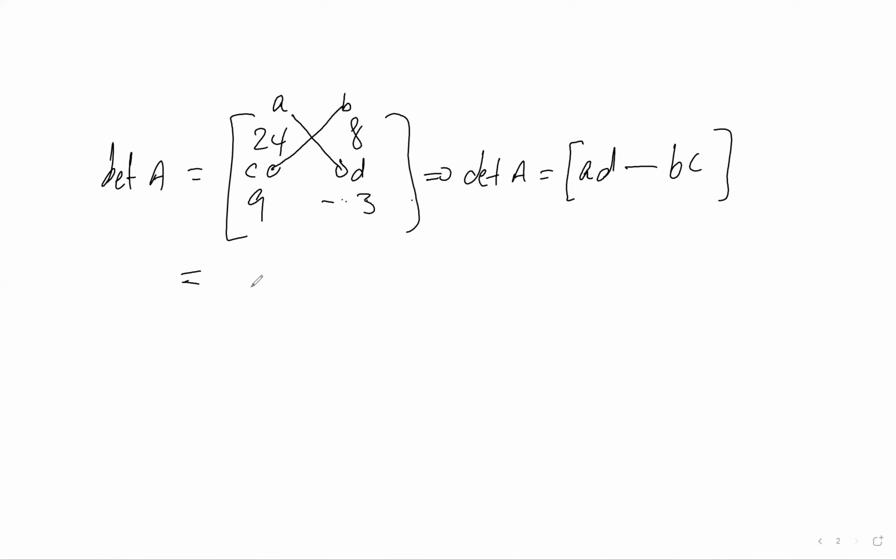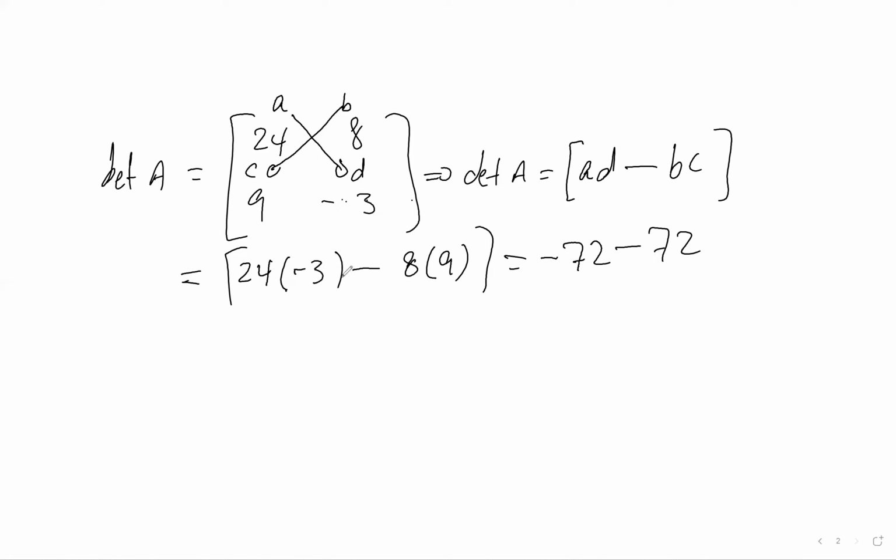So to calculate this one, we have 24 times -3, then minus B times C, which is 8 times 9. When you do the calculation, 24 times -3 is minus 72, and minus 8 times 9 is also minus 72.